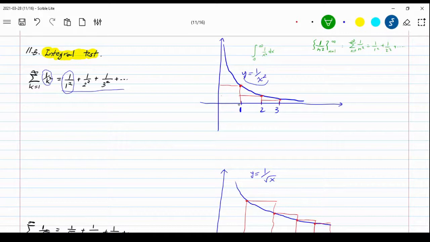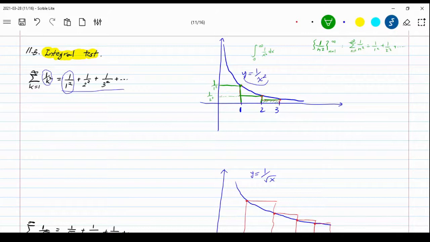For example, at 1, we use the right endpoint, so this rectangle would have height 1, the corresponding y value, 1 over 1 squared. The next rectangle, using the right endpoint, would have height 1 over 2 squared, and so on. This rectangle would have 1 over 3 squared.